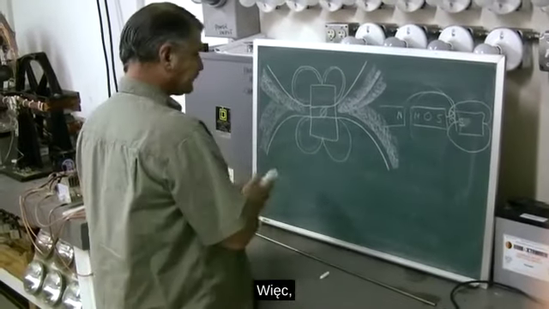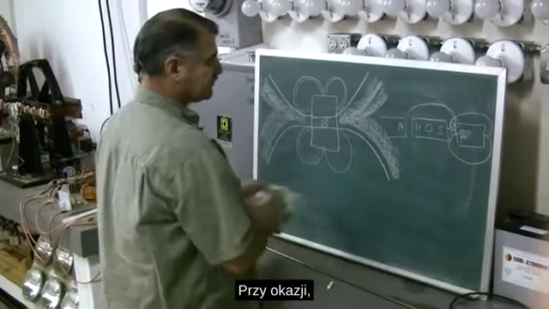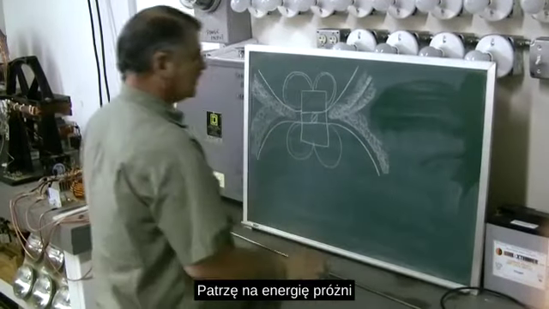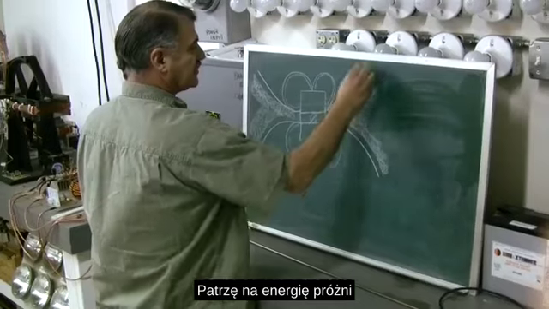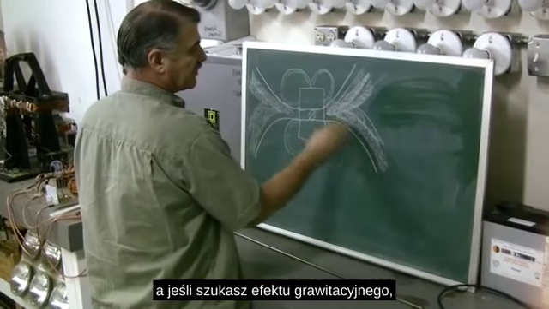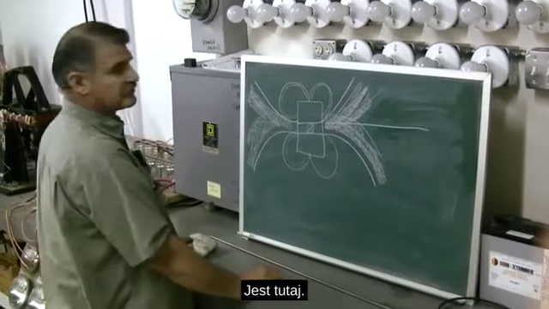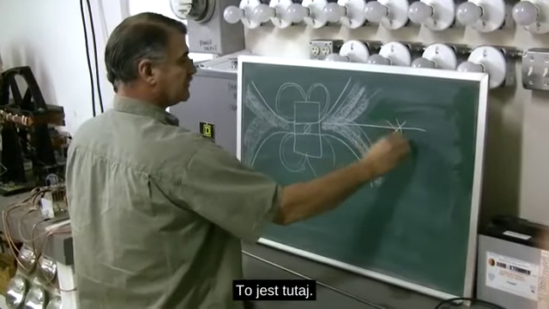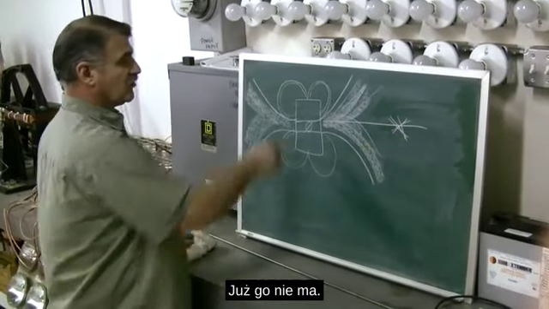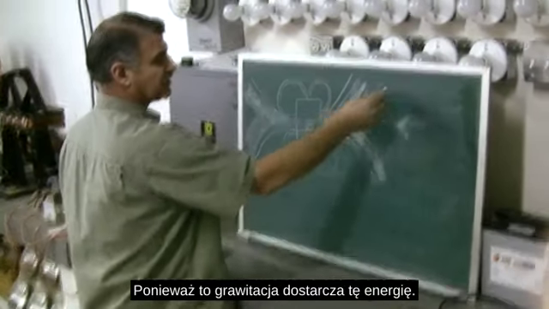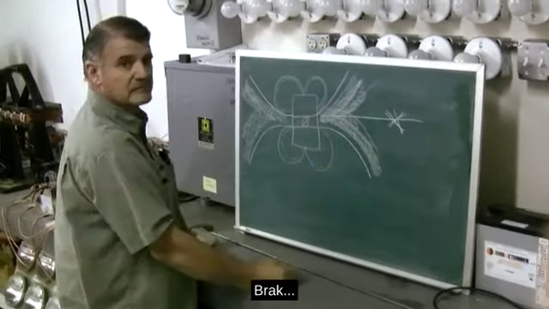Yeah. So, by the way, when I'm also looking at the vacuum energy, if you're looking for a gravitational effect, it's here. It's out here. It's away. Because gravity is what's supplying this energy in.